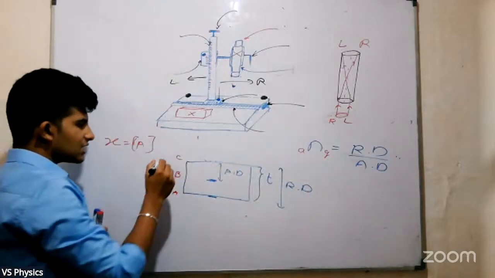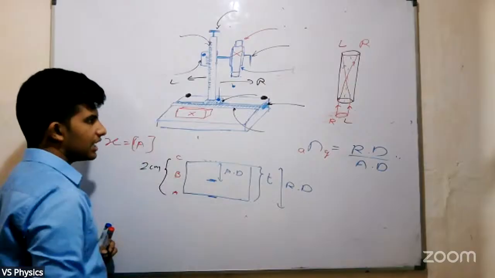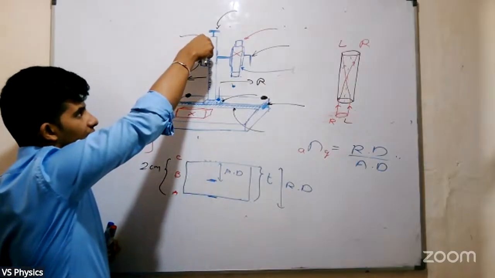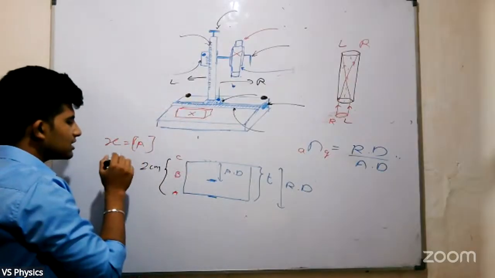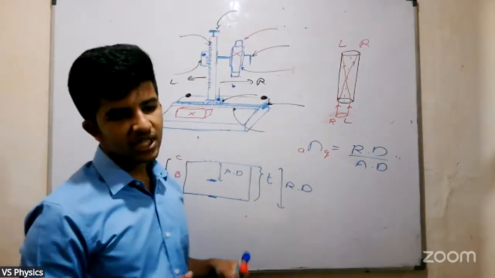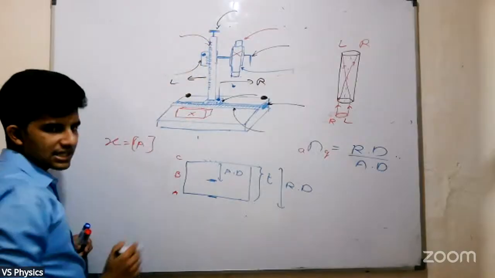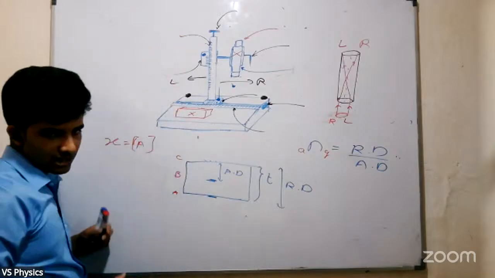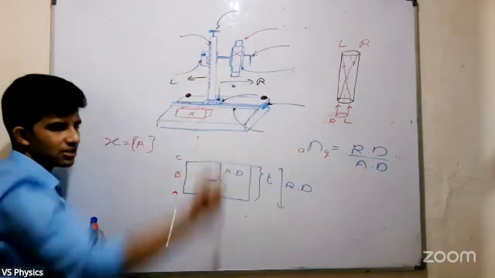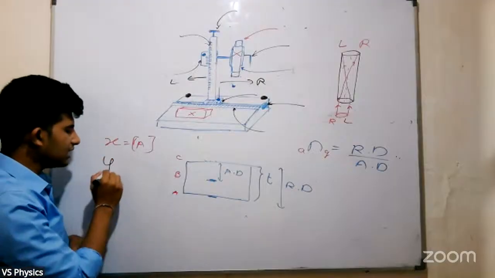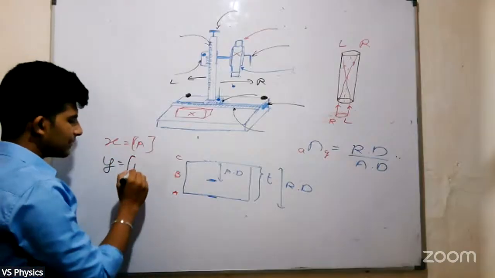If this glass block is around 3 or 4 centimeters, greater than 2 centimeters thick, we normally remove the lock screw completely and move the telescope up until we again see some sort of image of X. Then you lock the screw and use the fine adjustment to get a clear focus. After you get the clear focus, you match the coinciding division of the vernier scale and find the length Y. Y is going to be B.